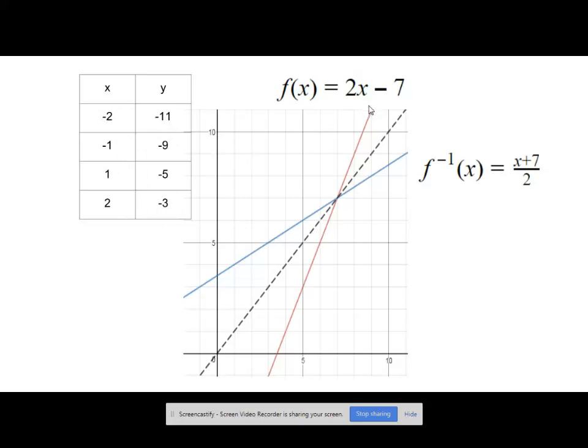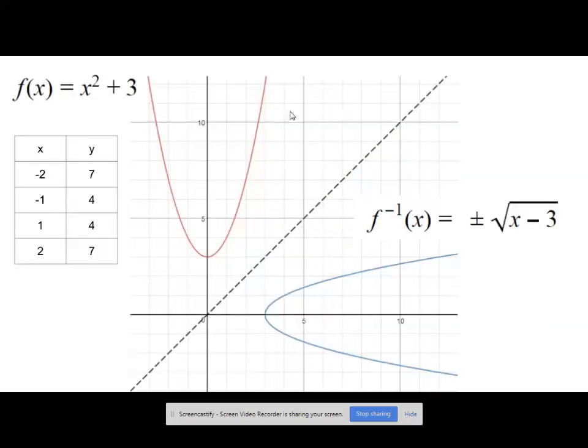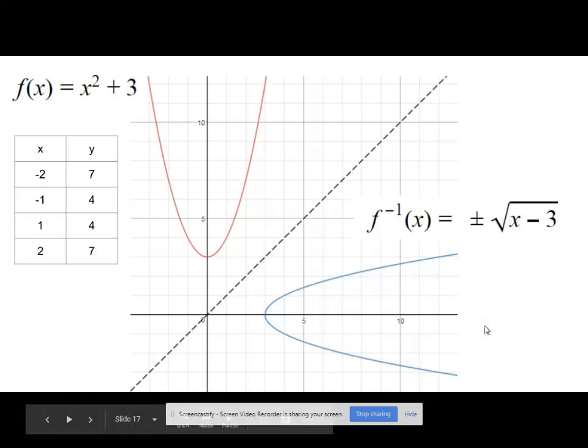And so this red line here is a one-to-one function, which means that the inverse of that function is also a function. So if the original function is one-to-one, if it meets this special type of function, the inverse will also be a function. If the original function is not one-to-one, then the inverse will not even be a function.